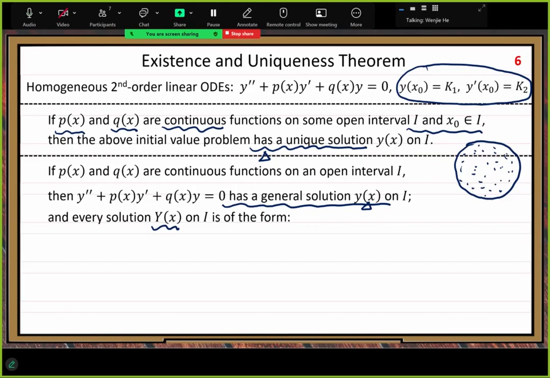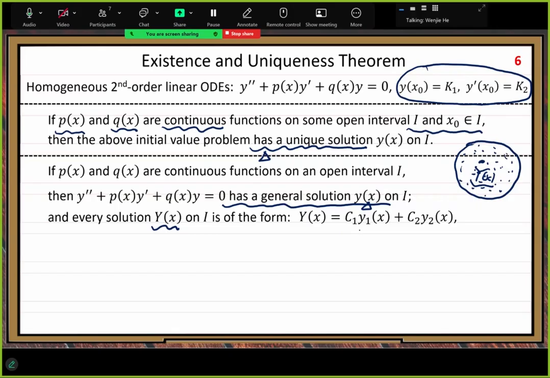Now, every solution. You pick any one of the solutions in that circle. Anyone you pick in that circle, we use that capital Y of X to represent it. It can be represented as a linear combination, capital C1, C2.